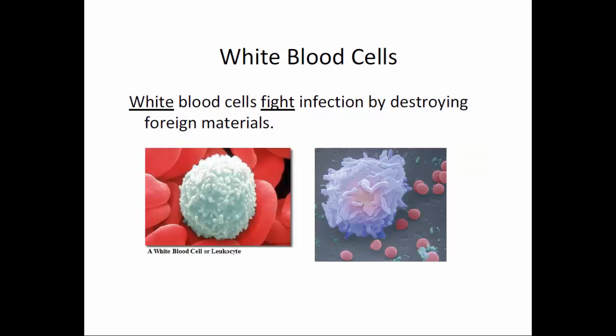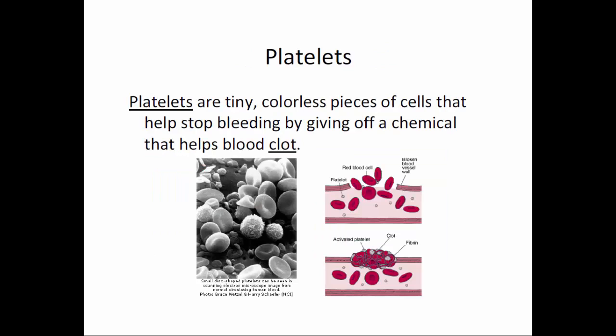We've also briefly talked about white blood cells fighting infection. So they'll destroy foreign materials, they'll attack it, and that's their basic function. We also call those white blood cells leukocytes. One thing we haven't mentioned previously is platelets.